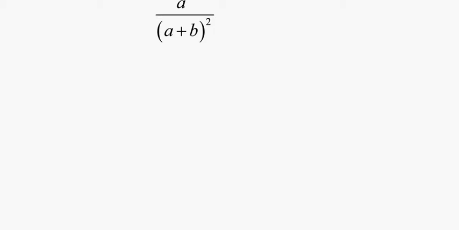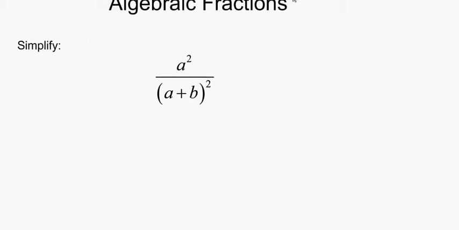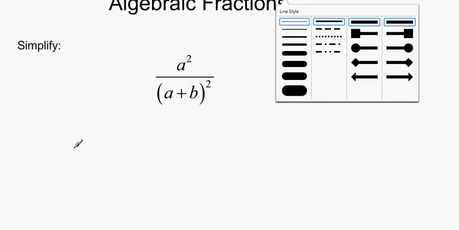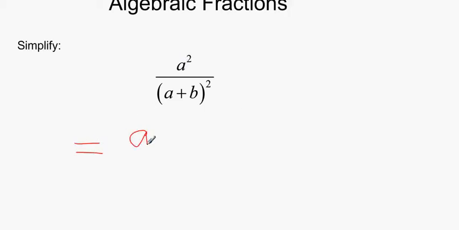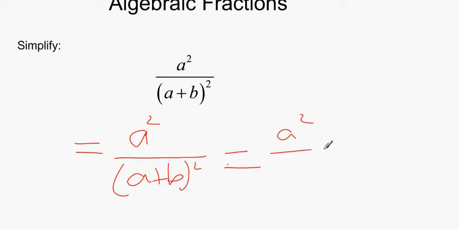Again, we can't really do anything in this case, because although they have a squared on top and a plus b squared at the bottom, all that we can do is multiply it out: a squared plus 2ab plus b squared, but nothing comes of that. So again, there is nothing we can do. This is already in its simplified form.